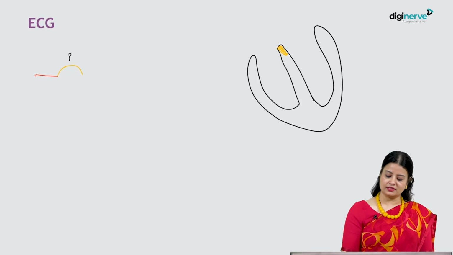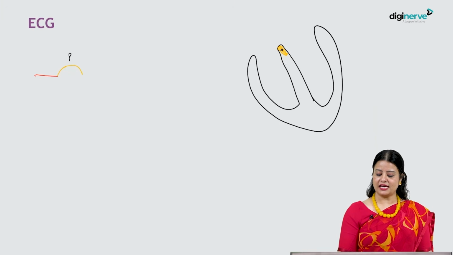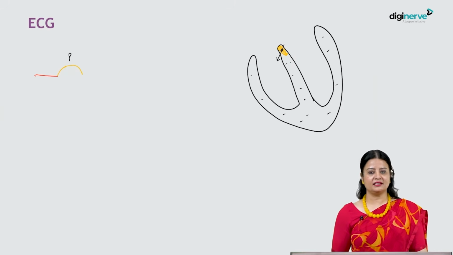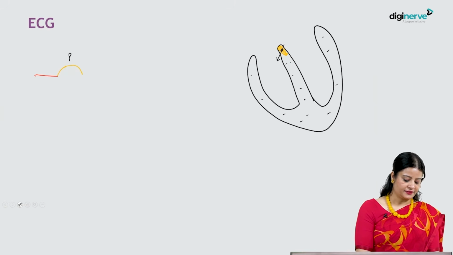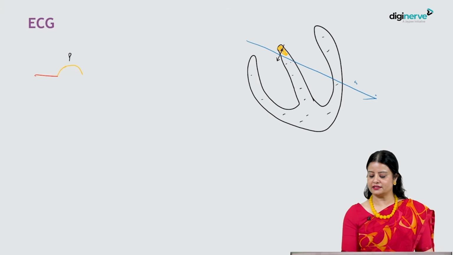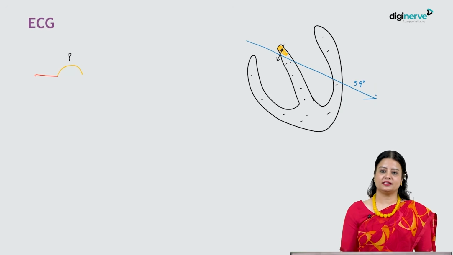So this portion becomes positive as compared to the rest of the ventricle, which is negatively charged, and hence our resultant vector is away from the mean cardiac axis. I hope the things would be more clear now. This is our mean cardiac axis at 59 degrees.